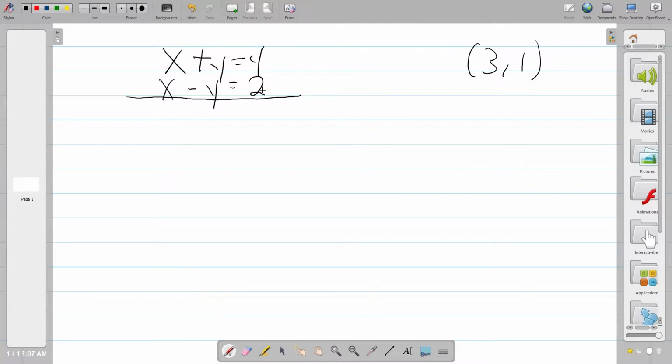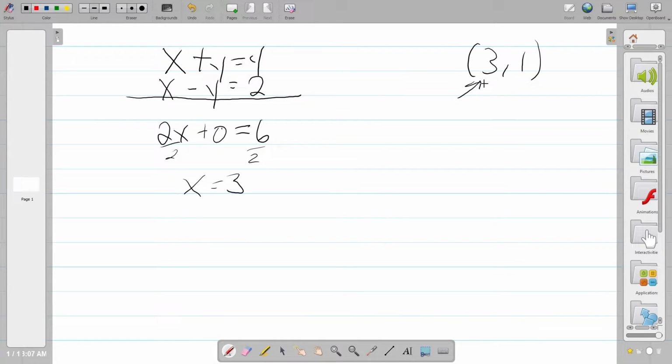So we can say x plus x is 2x, y plus negative y is nothing. So we can just say plus 0 if you want, just so you can see it, but you don't have to put anything there. And then 4 plus 2 is 6. Divide out that 2, divide out that 2, x equals 3.